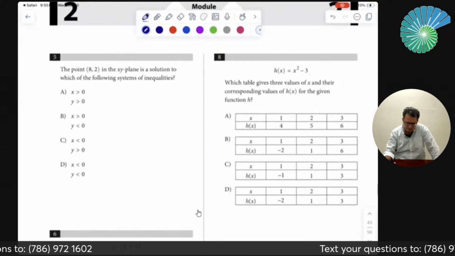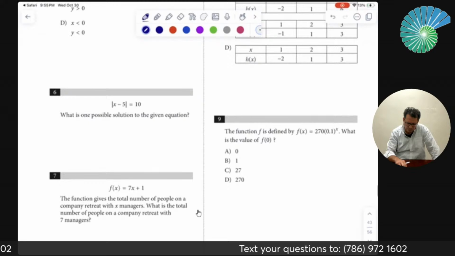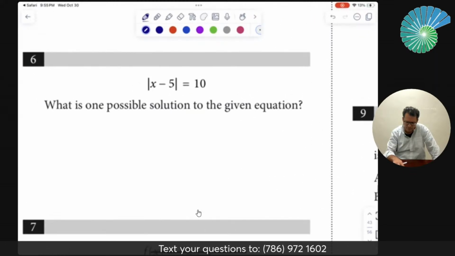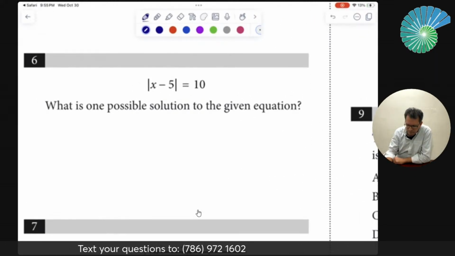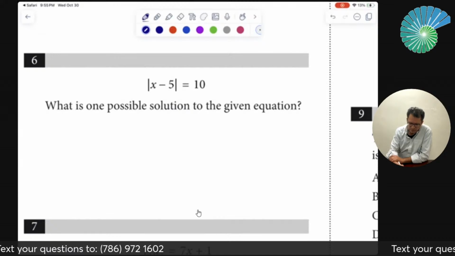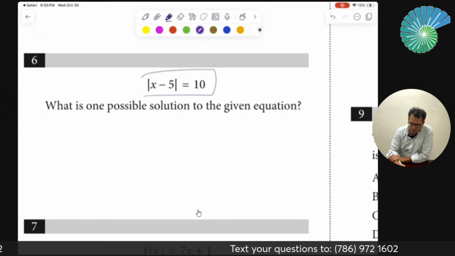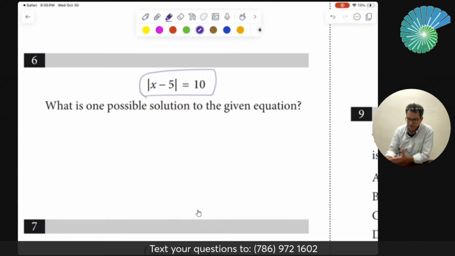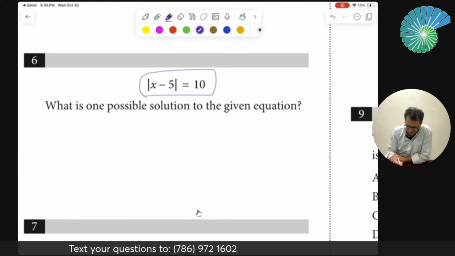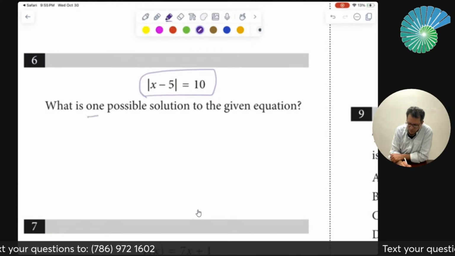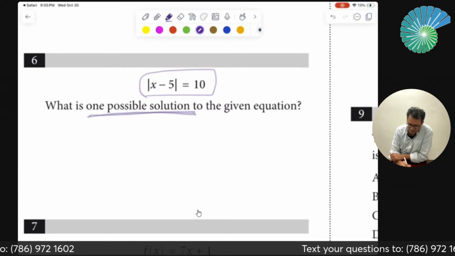Let's do another one here. Okay, absolute value. Now, when you have an absolute value equation, you may end up with more than one solution. The question here hints at that fact.